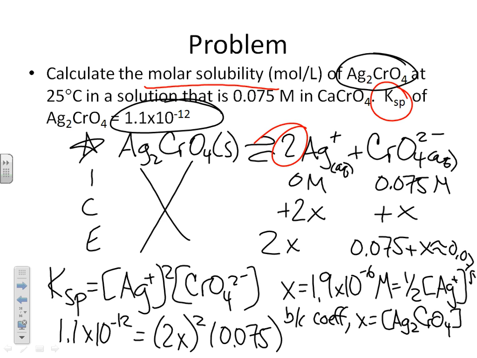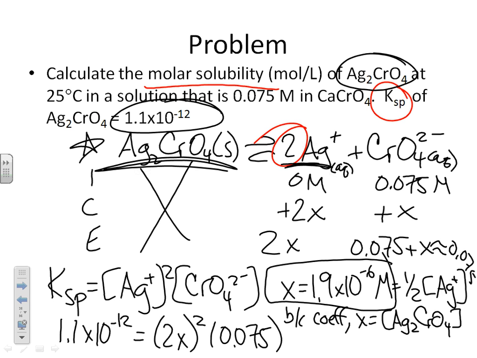Because if the silver is 2, then the silver chromate is 1. So if x is 1.9 times 10 to the minus 6, 2x is 2 Ag, then Ag2CrO4. That's actually what we want. So this right here is actually the answer to the question, 1.9 times 10 to the minus 6.